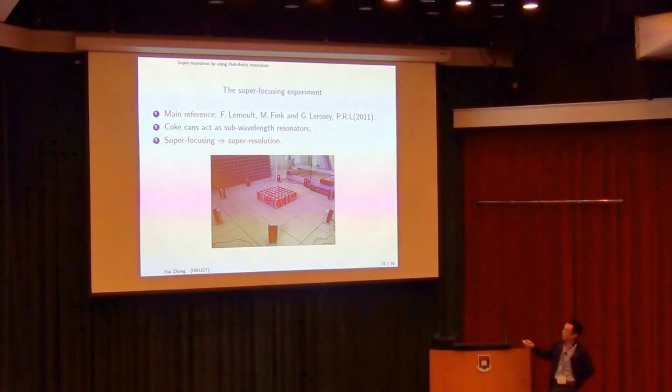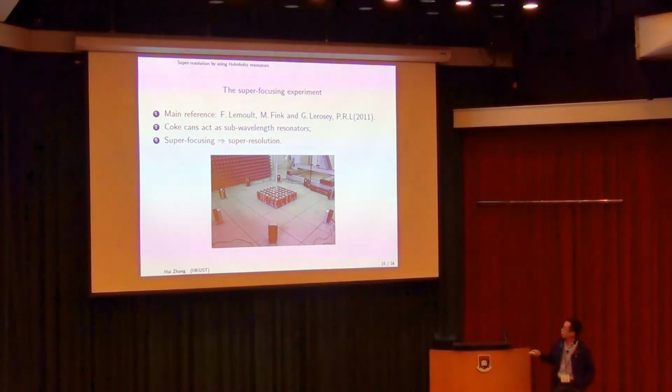The 1 meter is actually the diffraction limit, which is dictated by the physics. Because of this reason, they call this superfocusing. And this superfocusing actually implies super resolution, because if we perform time reversal imaging in this medium, then we can achieve super resolution.